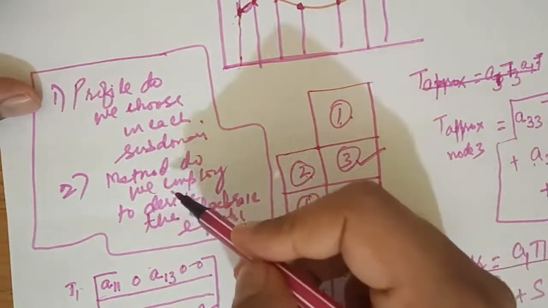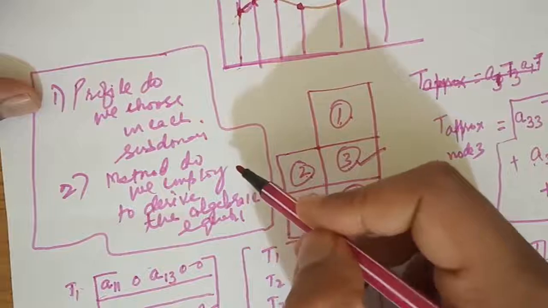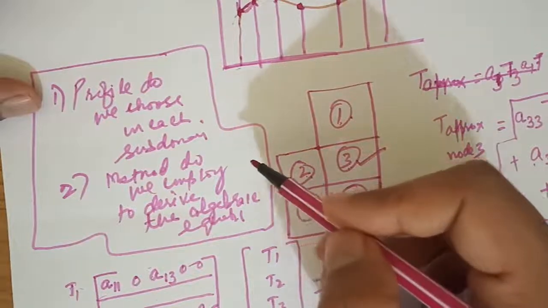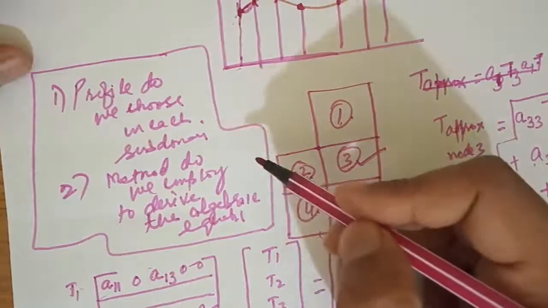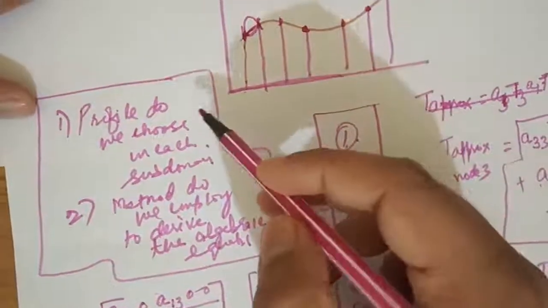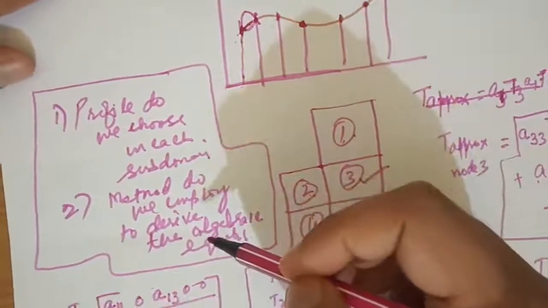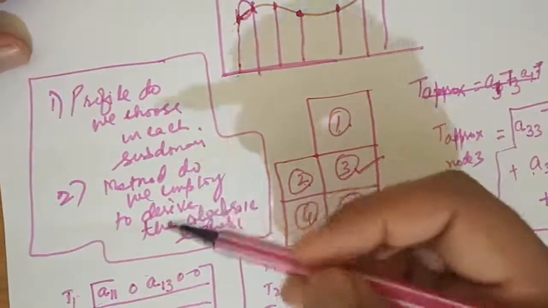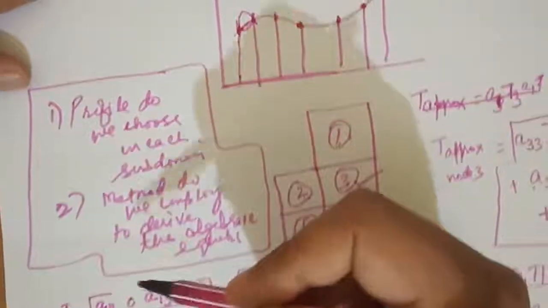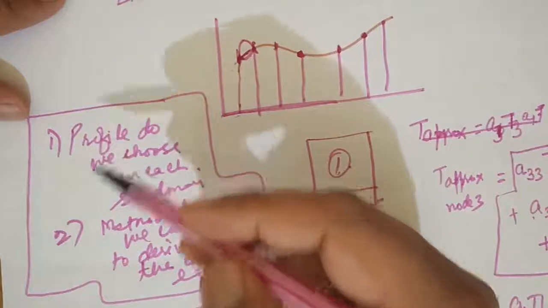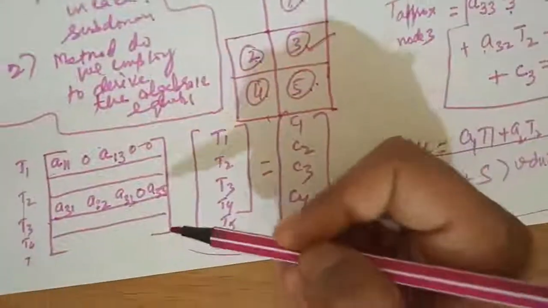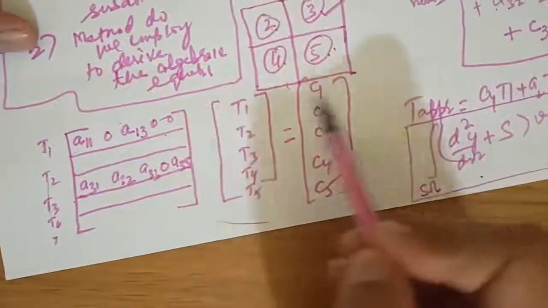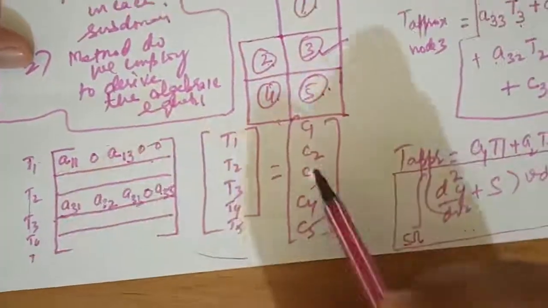So in terms of methods, what methods do I have? I have D form, V form and M form. So which form I apply to get the discretized equation, and what profile I choose in each subdomain, will essentially dictate what kind of algebraic equations I get.